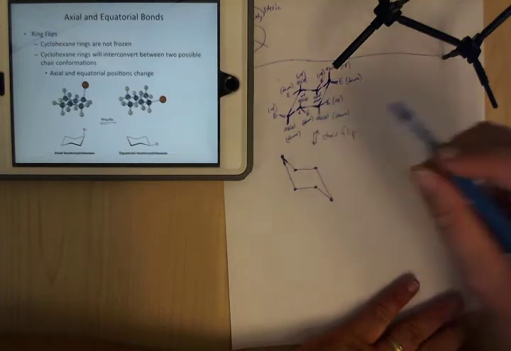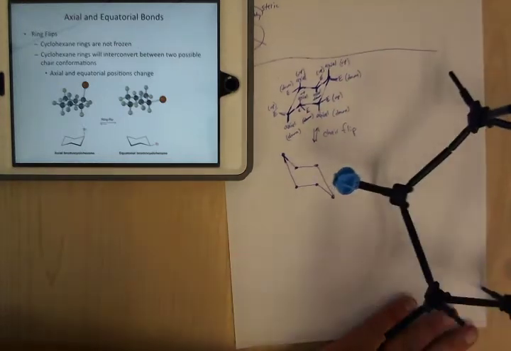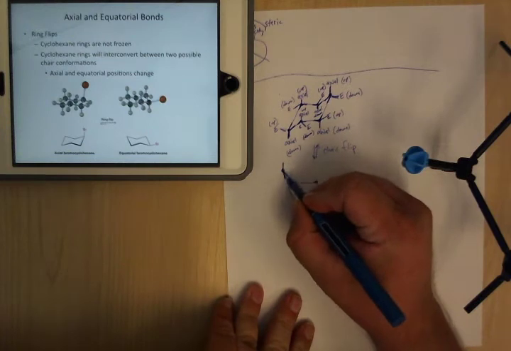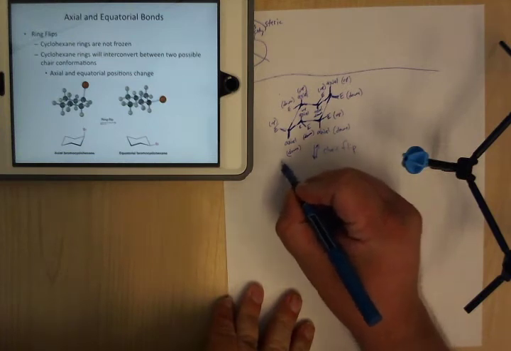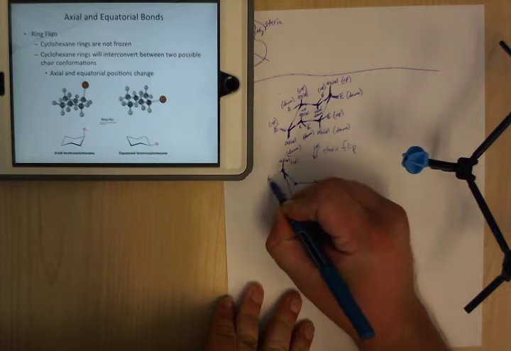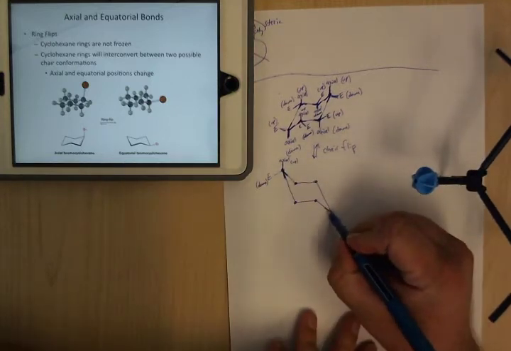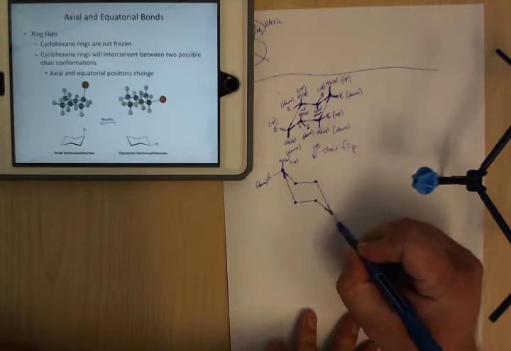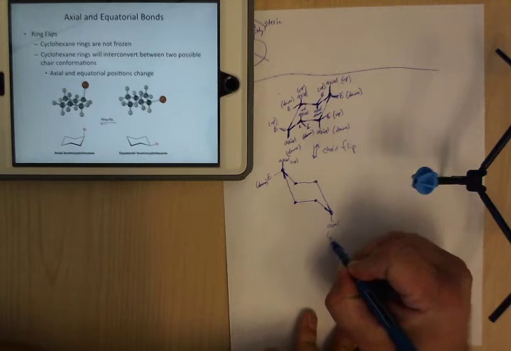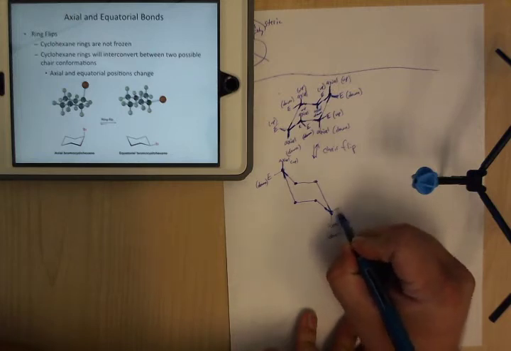Looking at the blue one, the axial is up, because the carbon-carbon bond points up, so that means the equatorial is down. In this one, the carbon-carbon bond points down, so axial is down, which means equatorial is up.